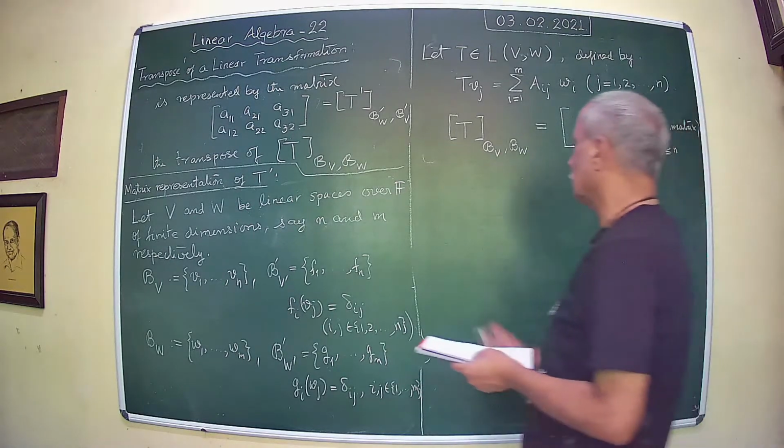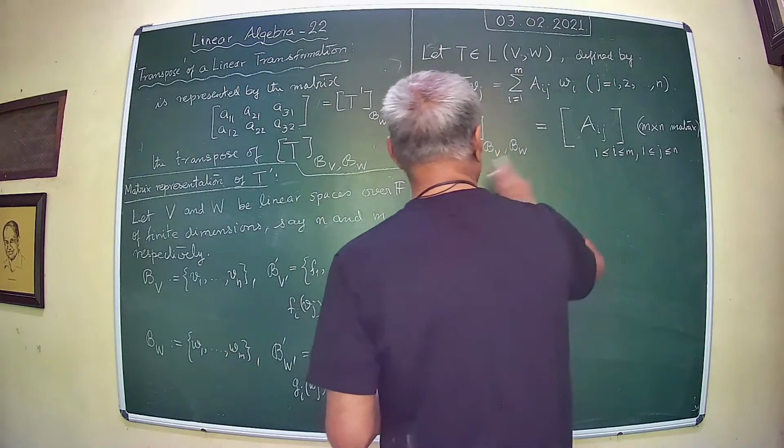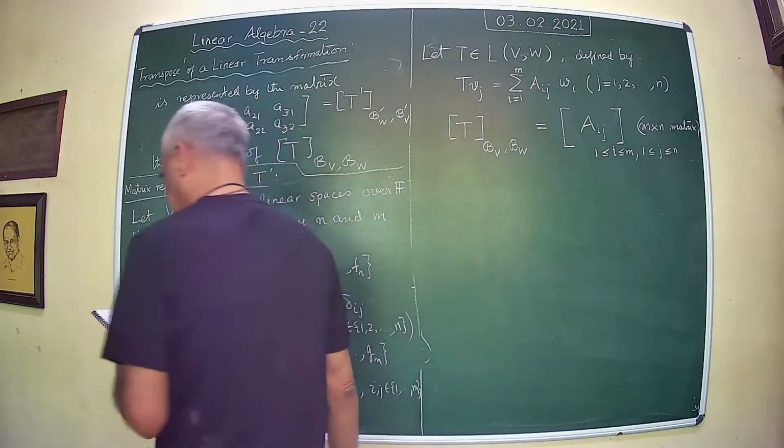Okay. So this is the representing matrix, which is an m by n matrix.